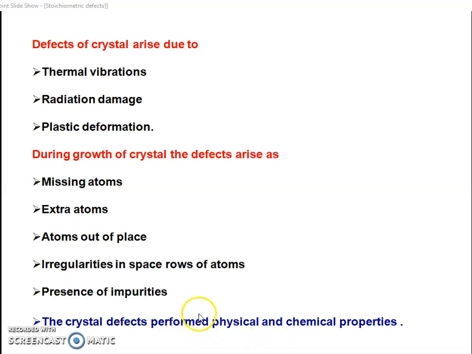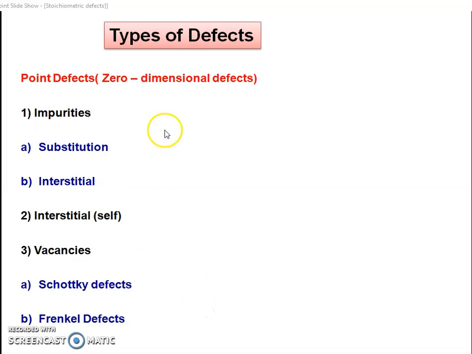We can explain the types of defects. The first type is point defects, or zero-dimensional defects. These defects include impurities, and these impurities are of two types: substitutional impurities and interstitial impurities.